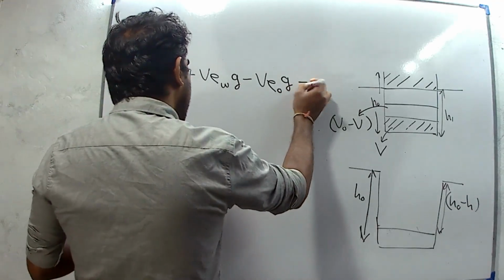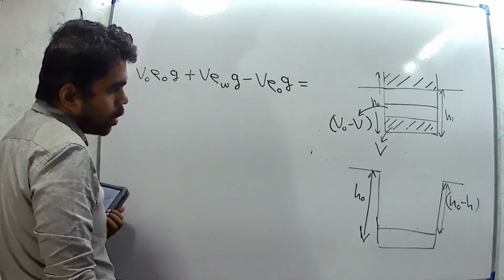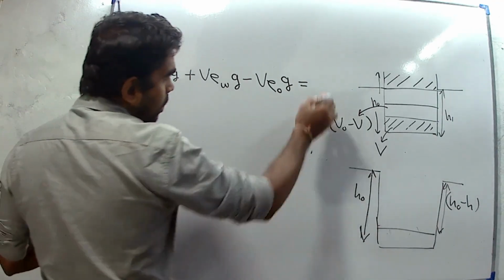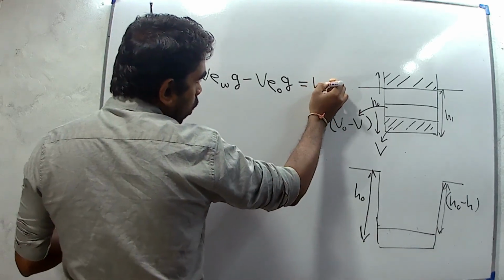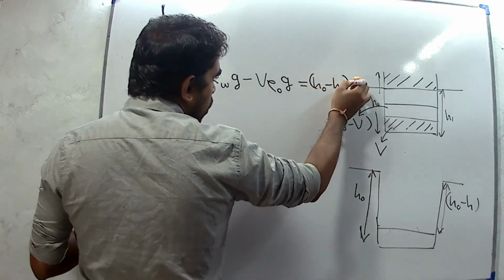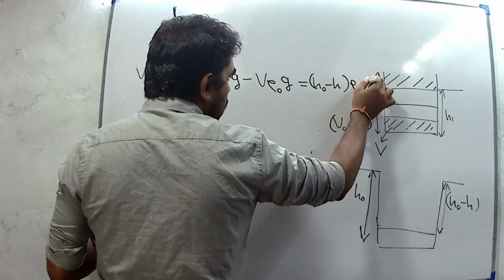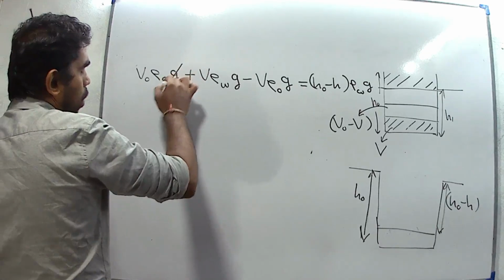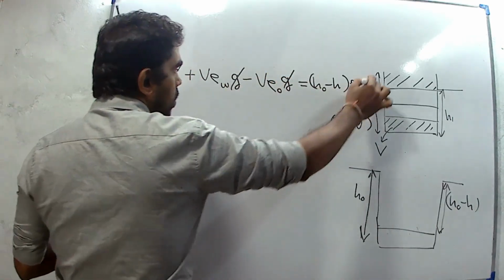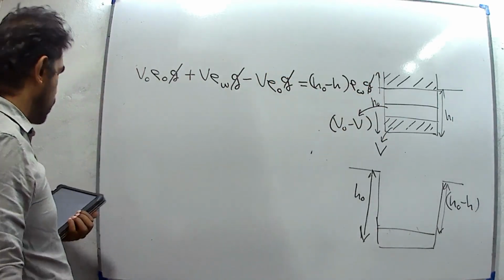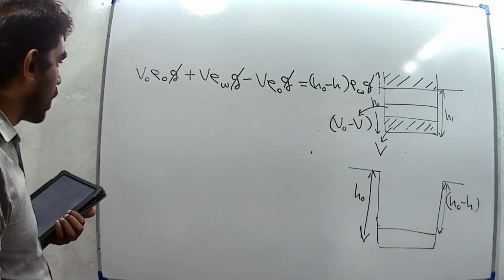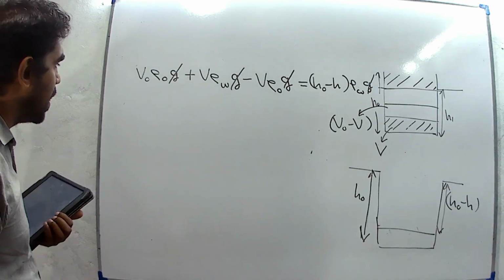Change of weight should be equal to change of upthrust. We can get the change of upthrust as h0 minus h rho W G. Now we can cancel out all G terms. We have to get the ratio between V and V0.